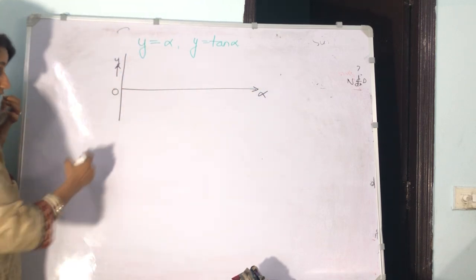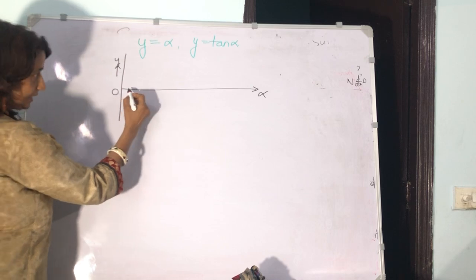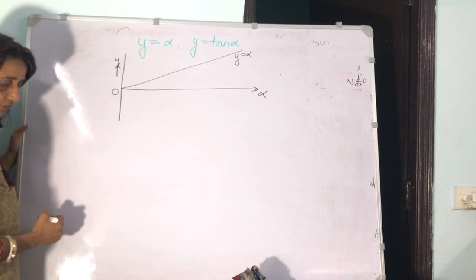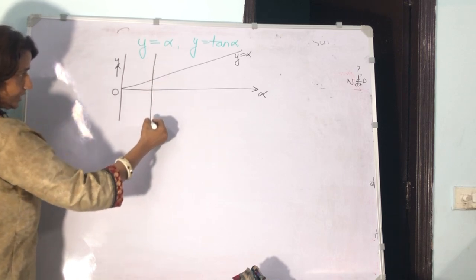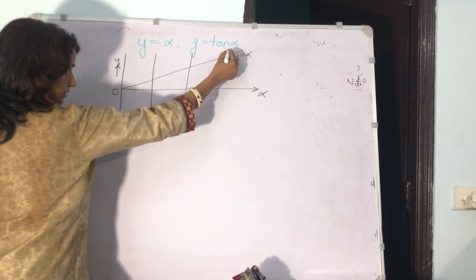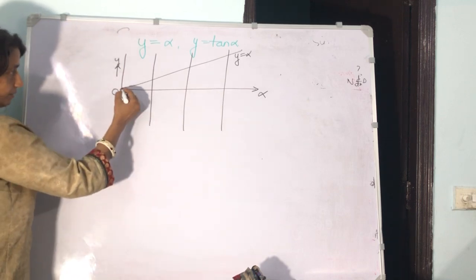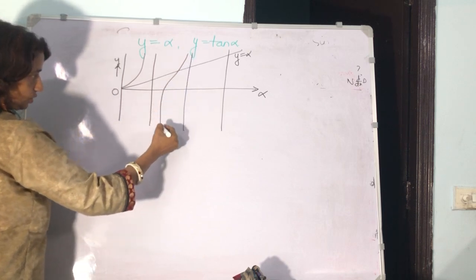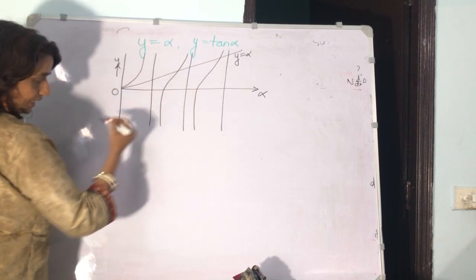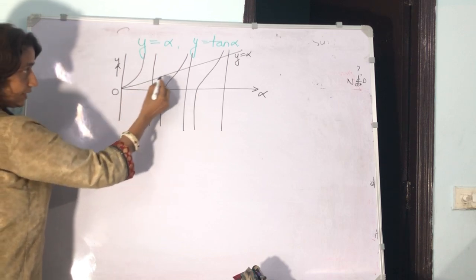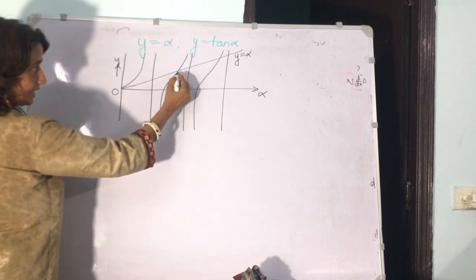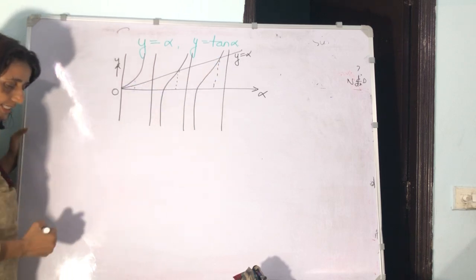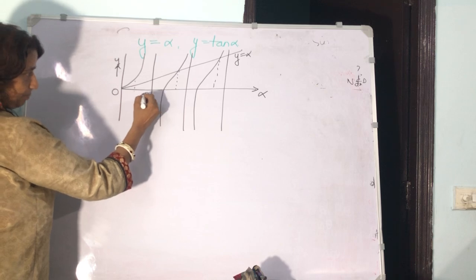Now y equal to alpha will be this straight line, and for tan we will take up the tangent curve, so it becomes y is equal to tan alpha. Now wherever this straight line is cutting this graph, those points will give us the points of the secondary maxima.